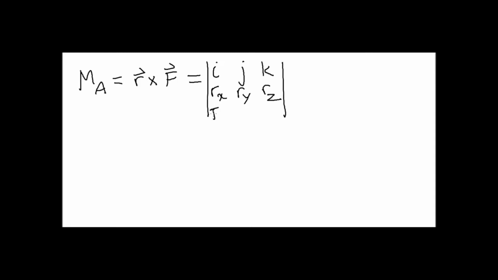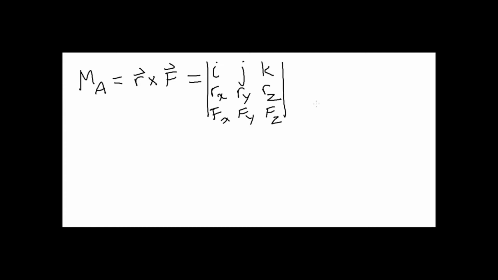Lastly, we'll fill in the X, Y, and Z components of our force vector. Now, if you don't believe me that the order matters, you can go ahead and try and flip these two and solve the cross product, and you'll find that it's going to be a different answer.